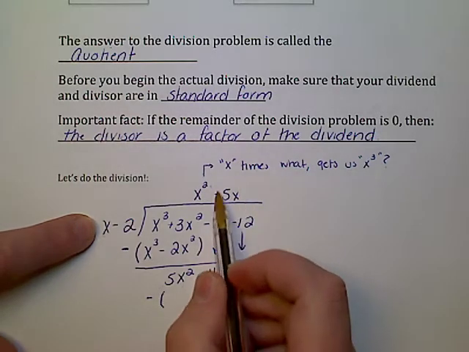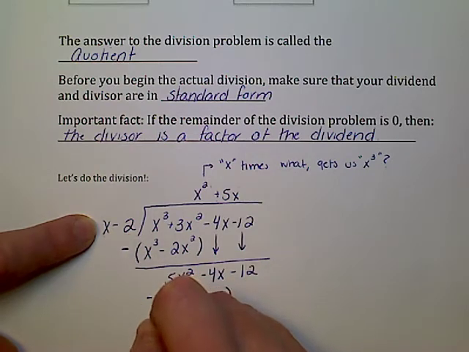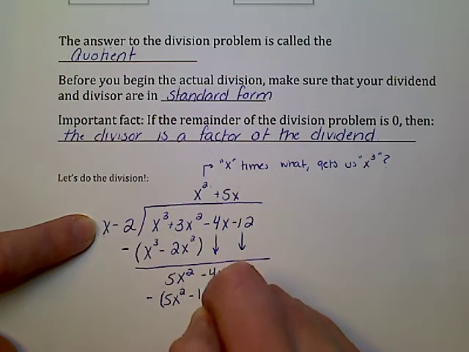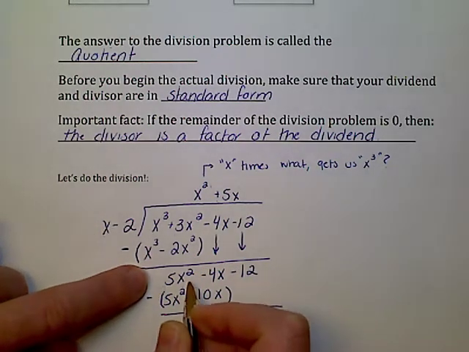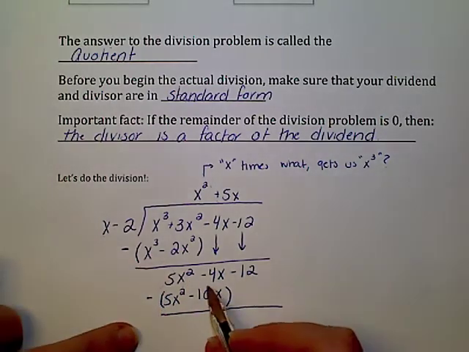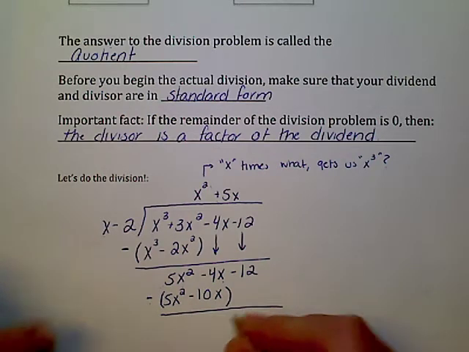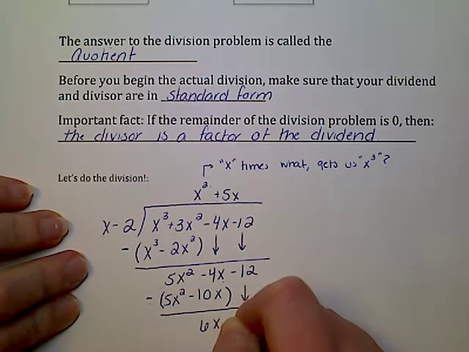This time I take 5x times x minus 2, which is 5x squared minus 10x. And I do that subtraction. Again, the 5x squareds cancel, and negative 4x minus negative 10x ends up being 6x, and I bring down the minus 12.